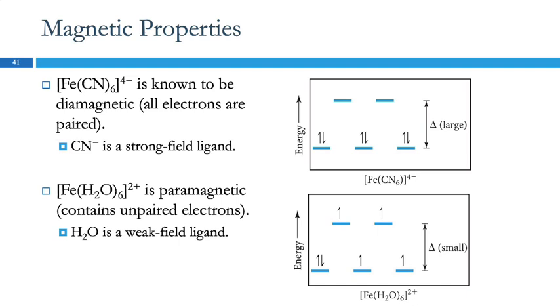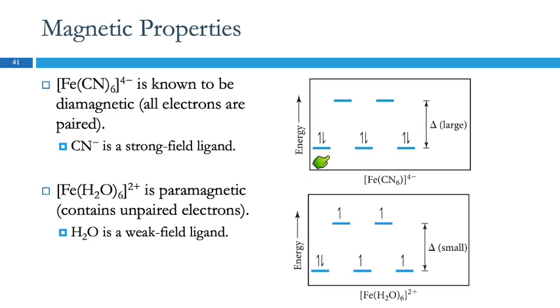Okay, so Fe(CN)6 is known to be diamagnetic. Diamagnetic means all the electrons are paired up. The way I remember this is think about Noah's Ark, and the animals went in 2 by 2. They're all paired up, diamagnetic.